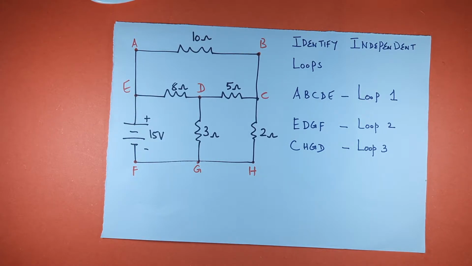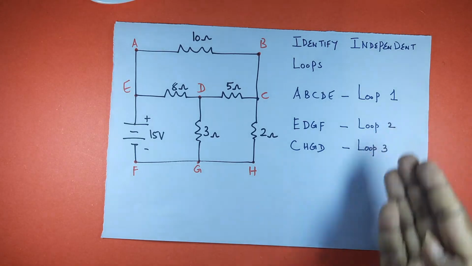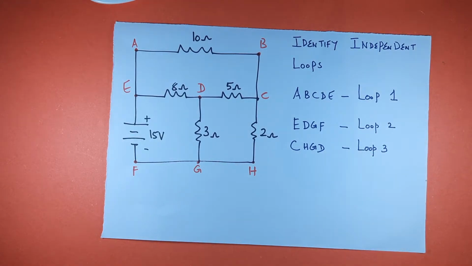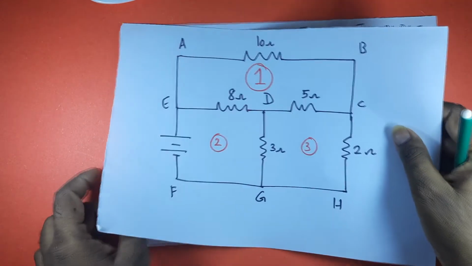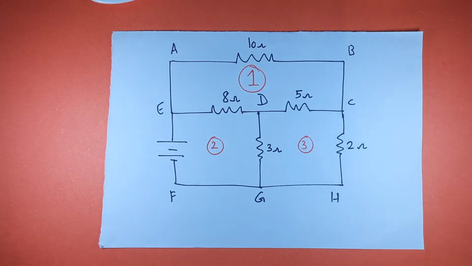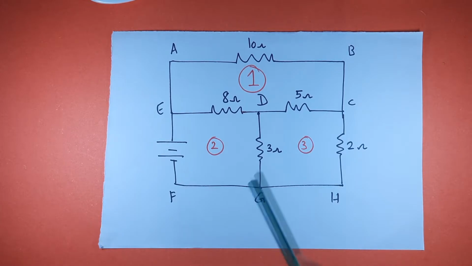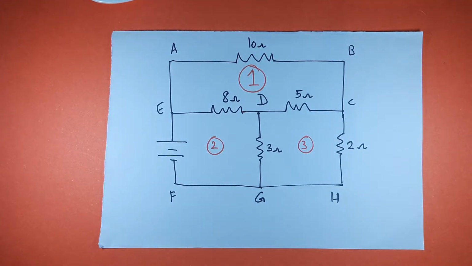In any order you can name, it is up to you. I am using the same order: loop 1 marked as 1, loop 2 as 2, loop 3 as 3, using a circle.